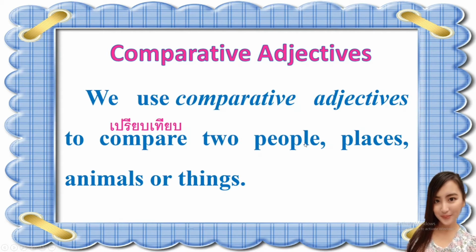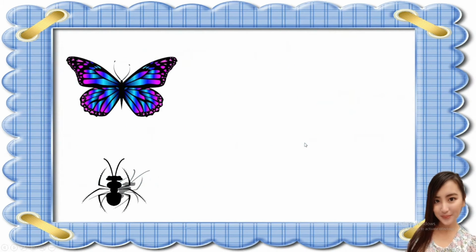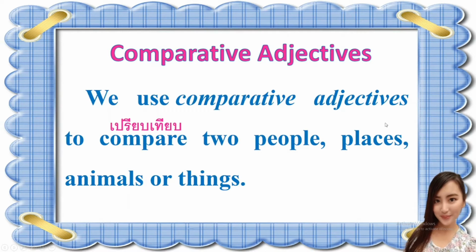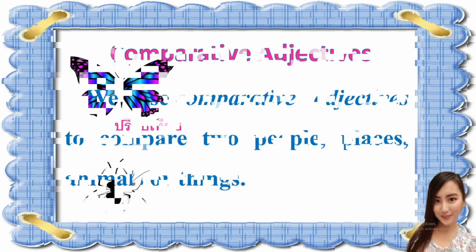Two people, places, animals, or things. Again, we use comparative adjectives to compare two people, places, animals, or things.